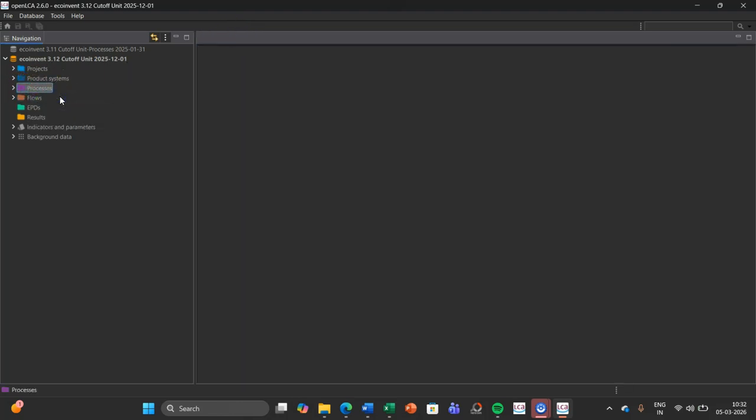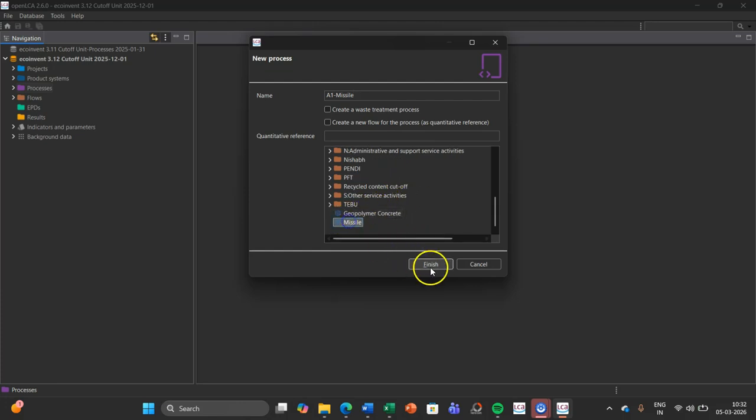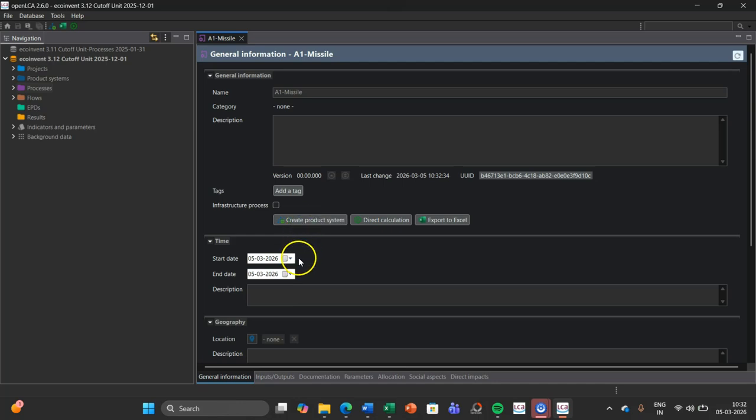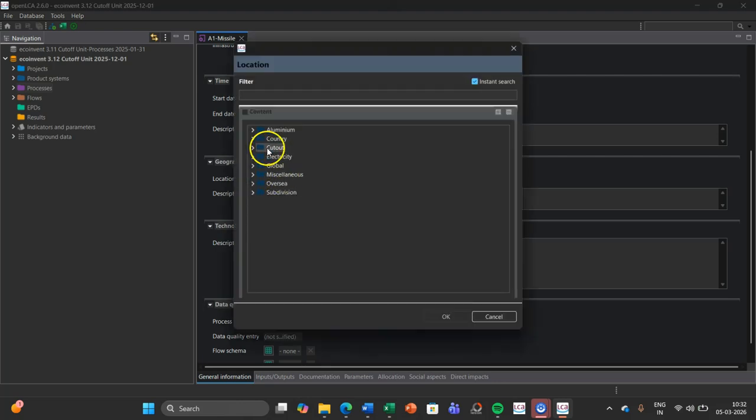Now the new process: A1 missile. All these things we can ignore. I think the location will be United States.